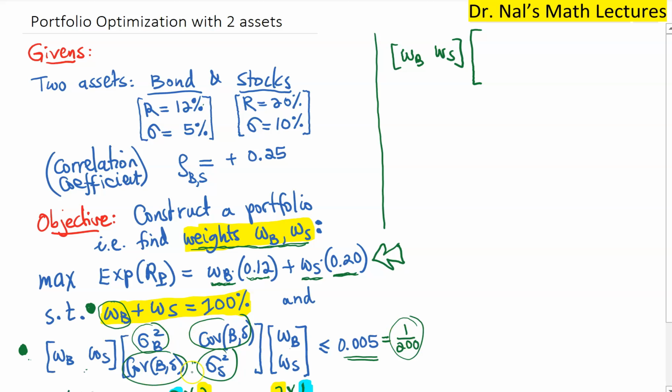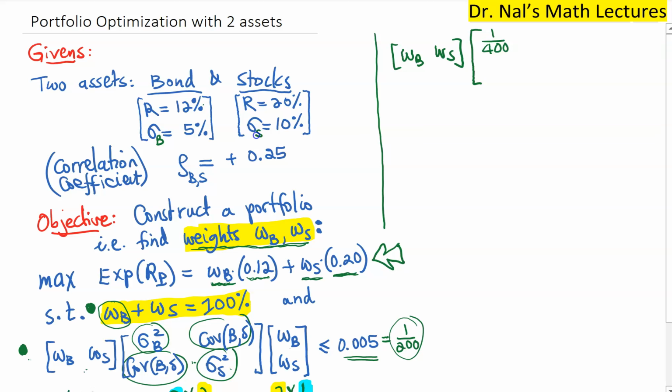expression. That 2 by 2 matrix is a variance covariance matrix, and it's very easy to derive these numbers. We already know sigma b, the standard deviation of the bond, is 5%, or 1 over 20. So squaring it, we will get 1 over 400. Let's write that down, 1 over 400. And the other diagonal entry, sigma s squared.